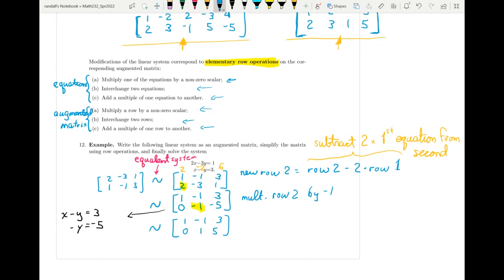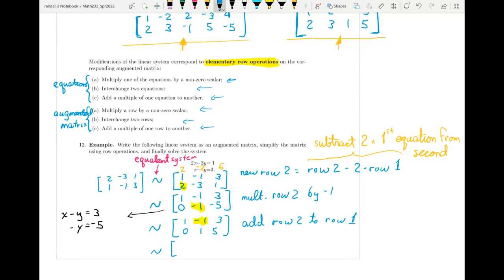All right. And now I'm in the position to eliminate this y variable in my first equation. You see that? So you see what I'm going to do. I'm going to add, I'll just write it this way, add row 2 to row 1. So in terms of equations, it means I'm going to add the second equation to the first equation.